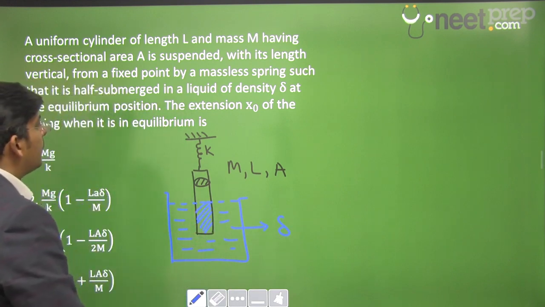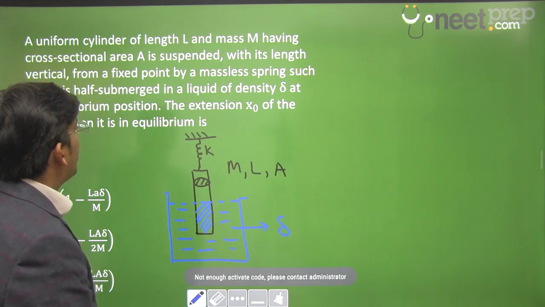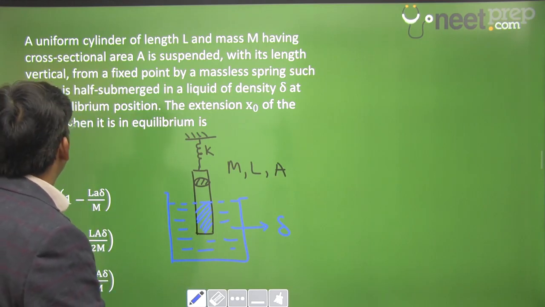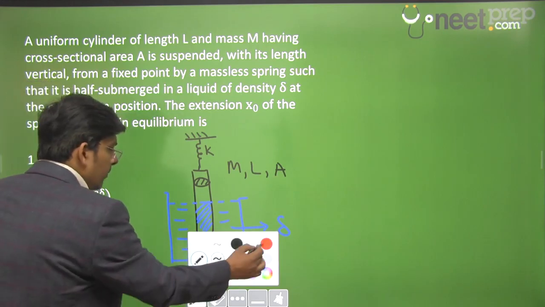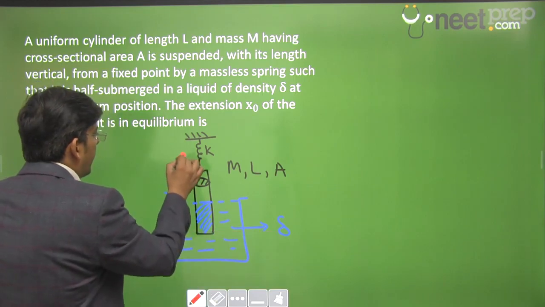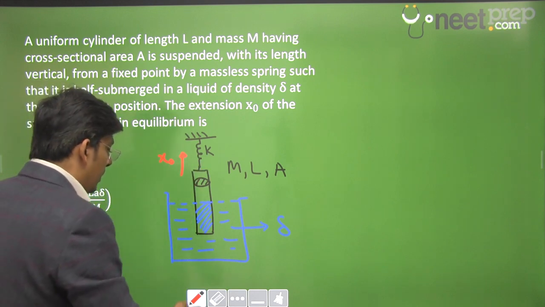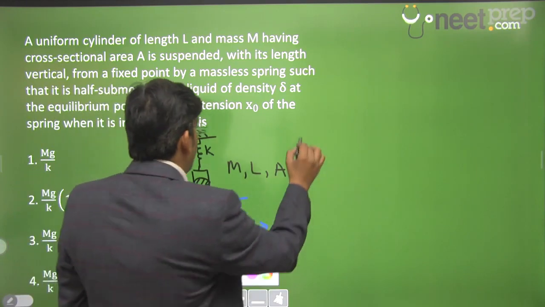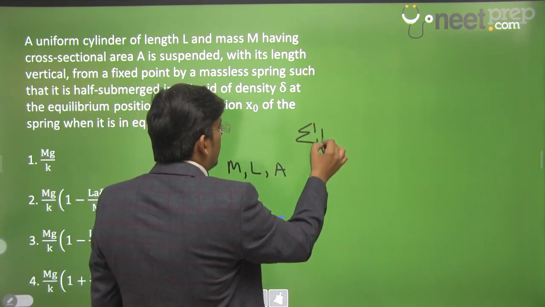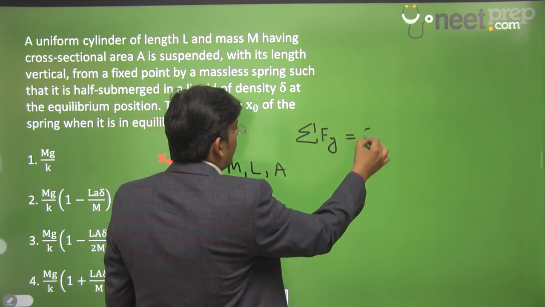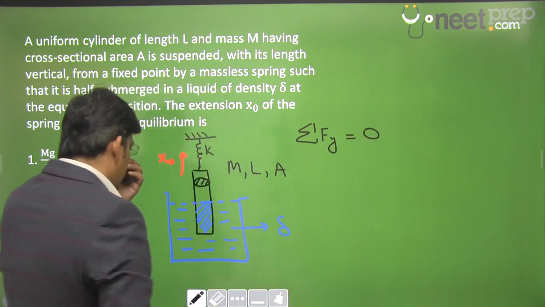At equilibrium position, the extension x0 of the spring is what? See, at equilibrium summation Fy must be 0, right?